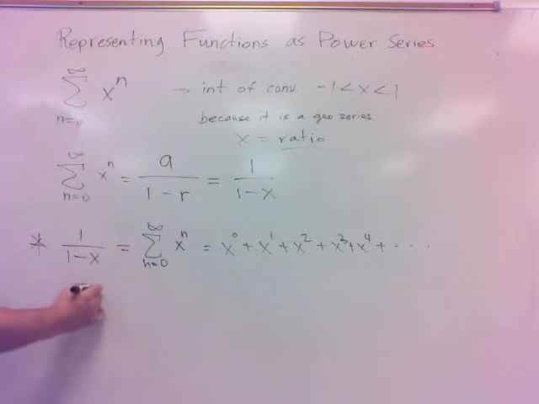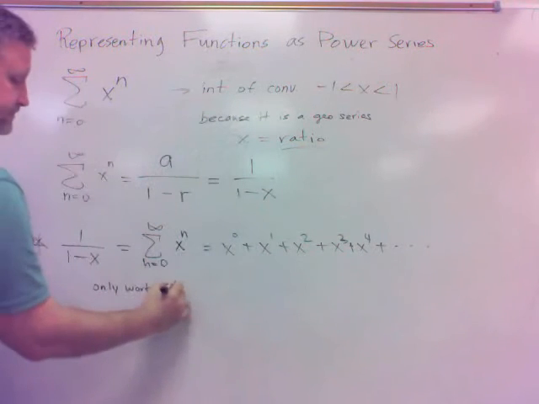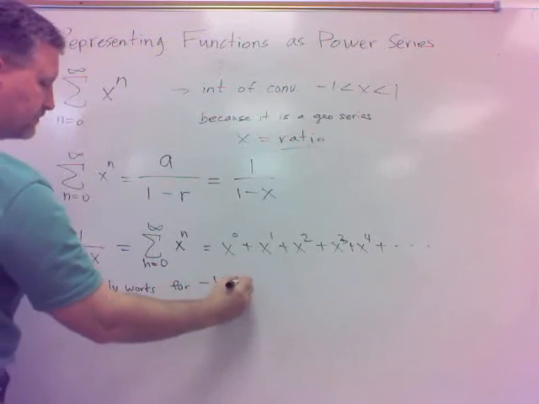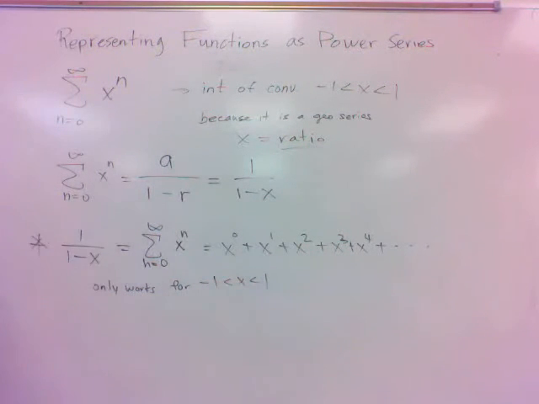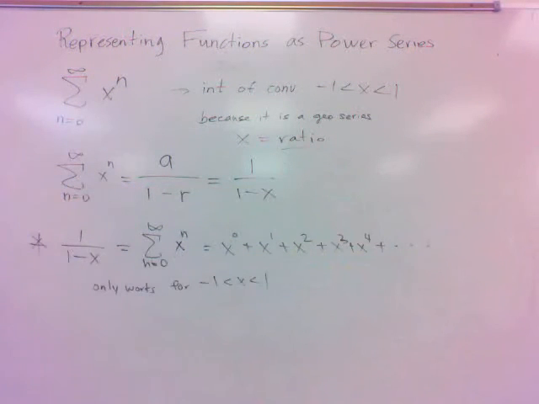What x's does it work for? It only works for those, right? So if you get x's out at 1 and anything bigger than 1 or anything less than -1, well, that's not going to work. But as long as the x's are between 1 and -1, all these terms go to this. Okay?